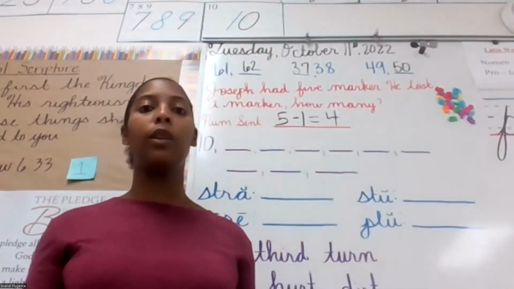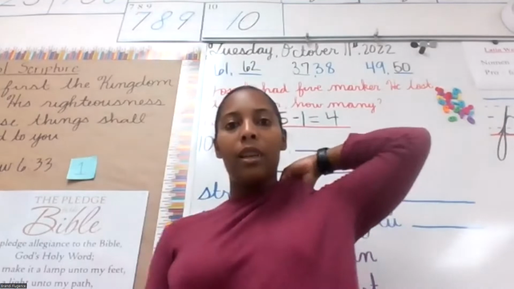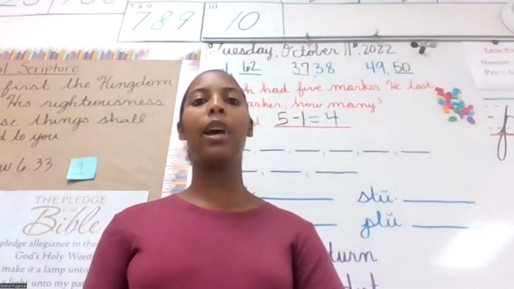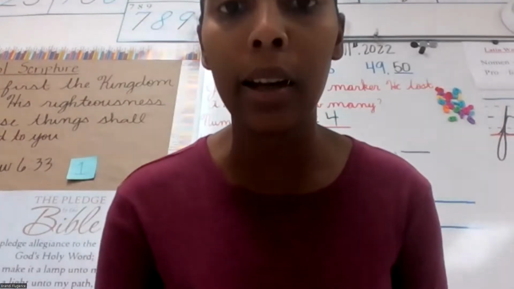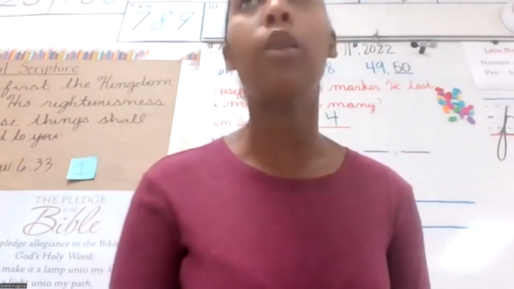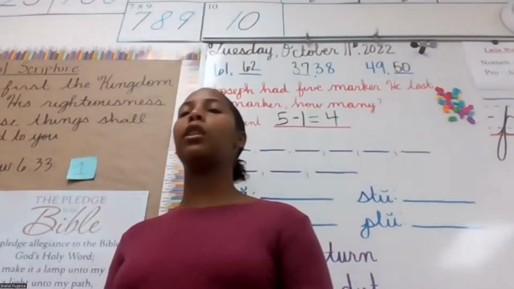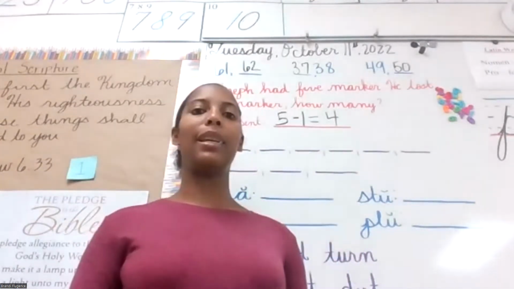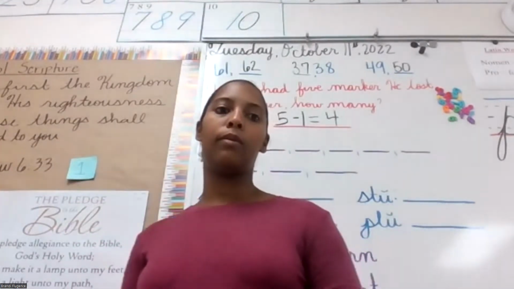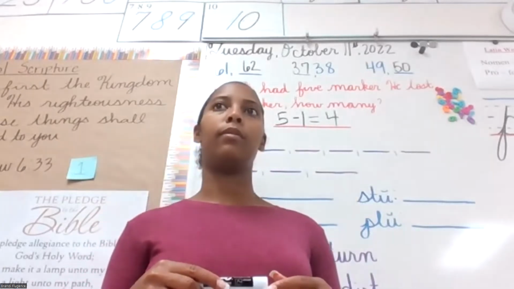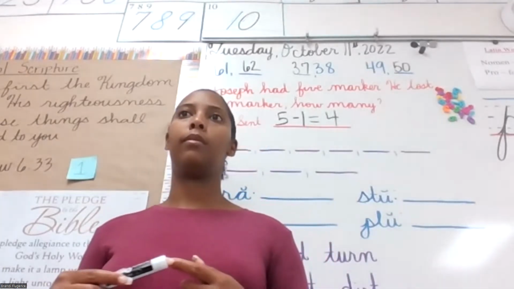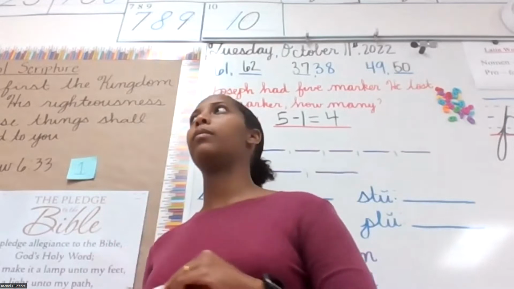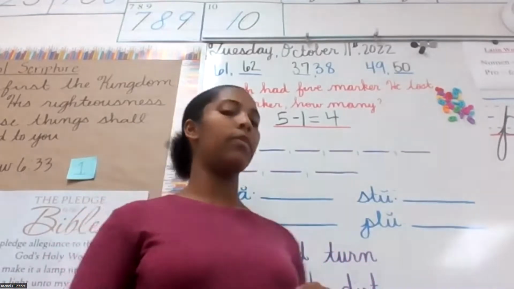Does anyone know how to do that already? Count by tens? Asa, do you know how to count by tens already? No, not yet. Okay, so let's hear what you have. Counting by tens. 10, 20, 30, 40, 50, 60.